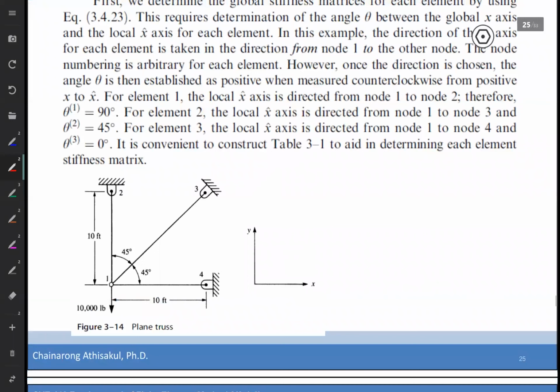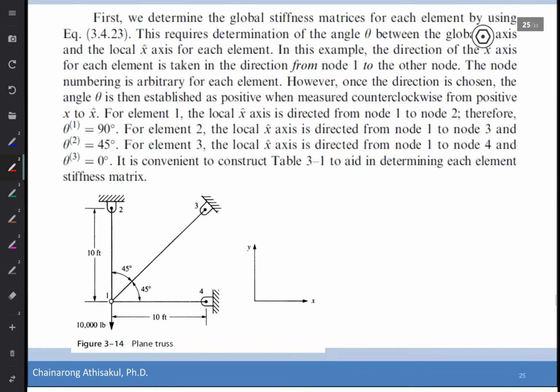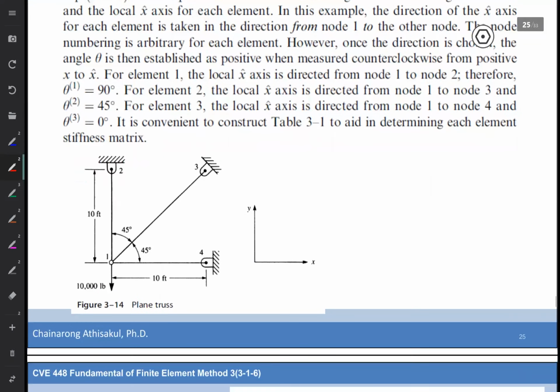Before we start, we have to consider the angle of each element. Okay, if we set up the global coordinate like this, this is the global coordinate xy. If we consider the first element, we have node 1 and 2.